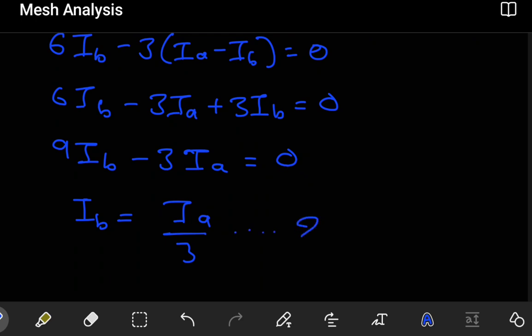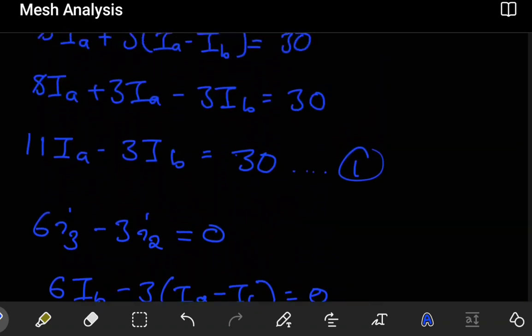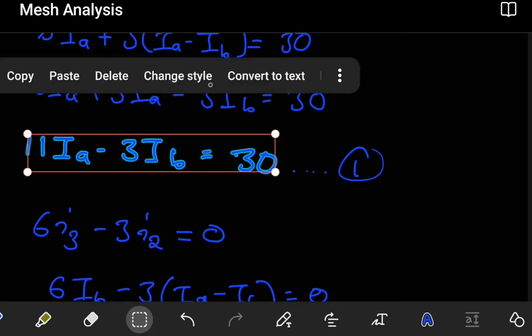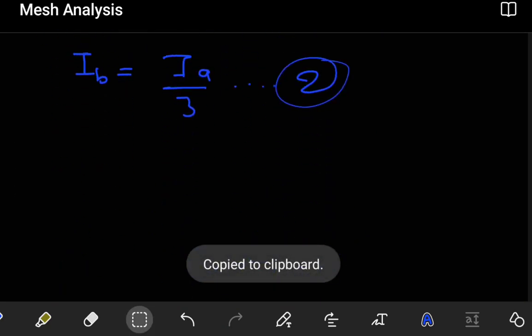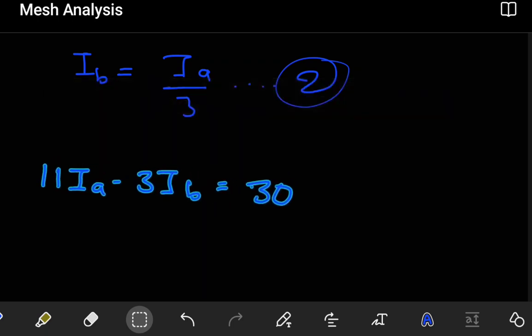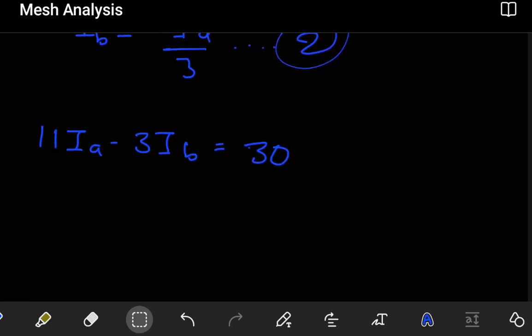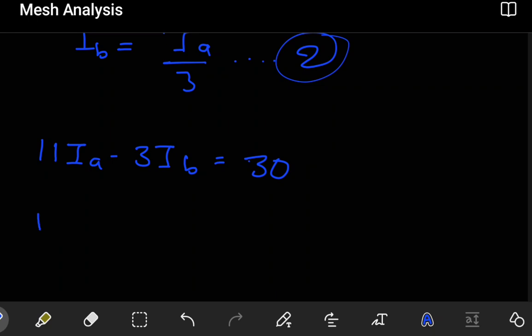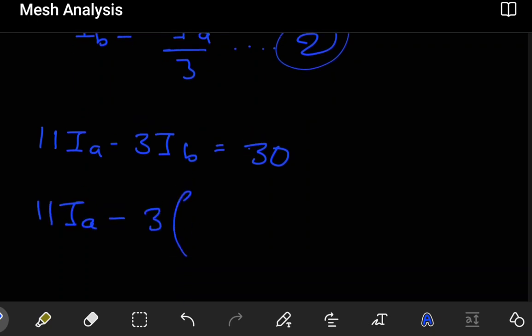So this becomes equation 2. We can then substitute equation 2 into equation 1.